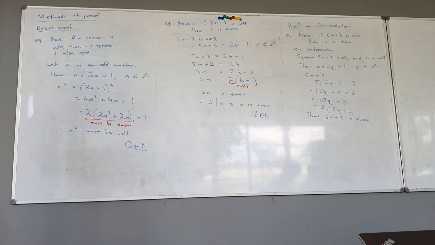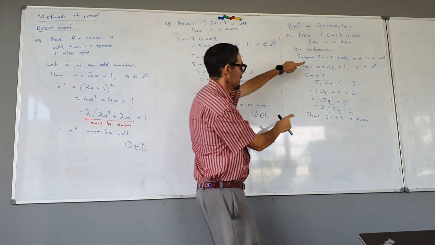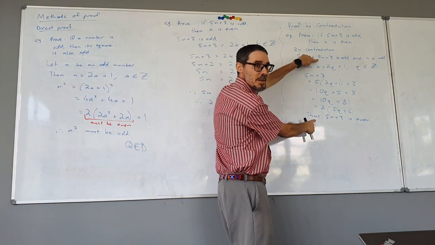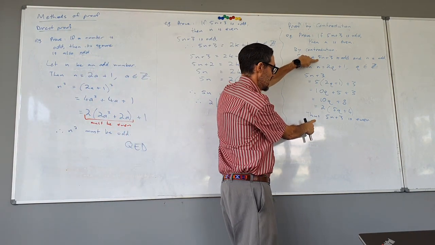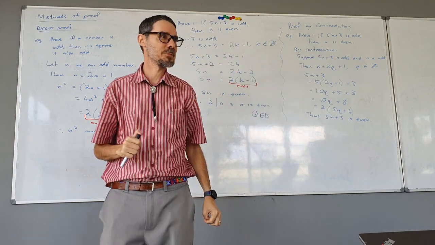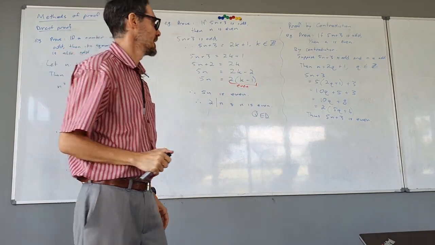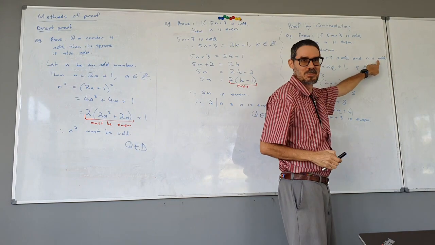Can you spot the problem? If I assume it's odd, I can prove that it's even. Something's wrong, must be my assumption.